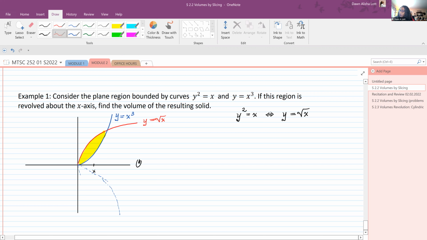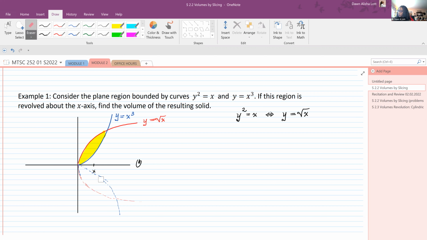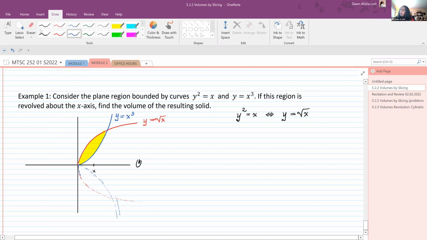Oh, that's supposed to be red. Okay, it's not too bad. That's better. Okay.